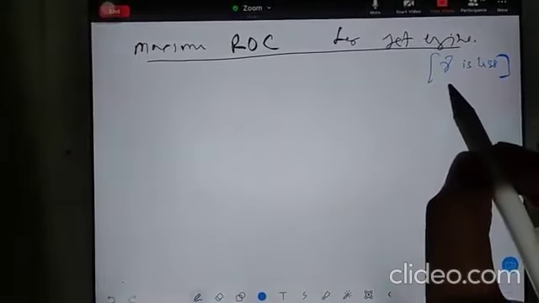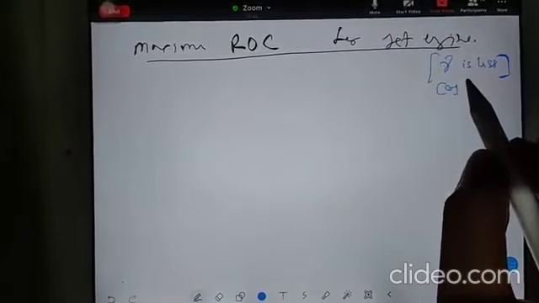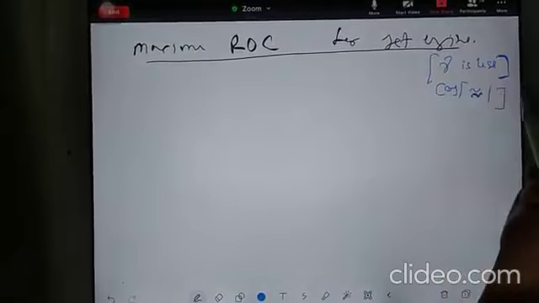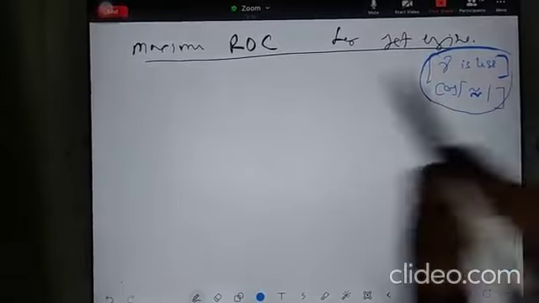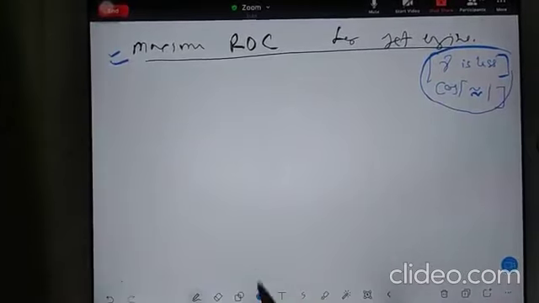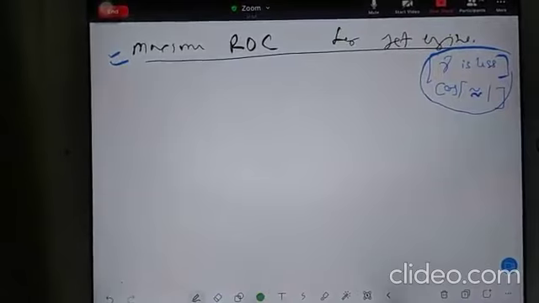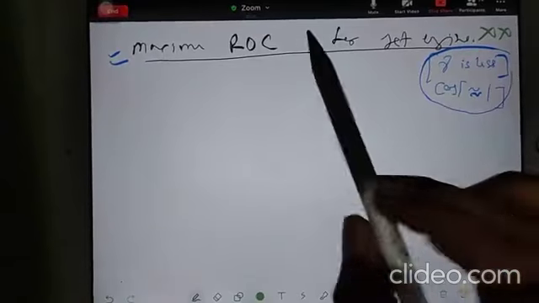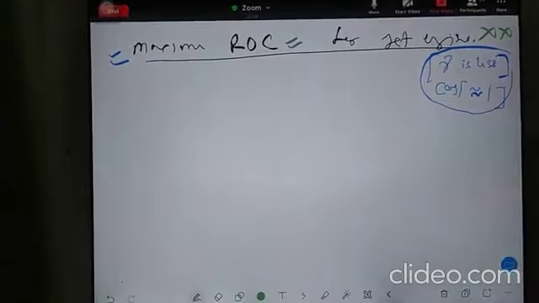It means wherever you have cos gamma, approximately its value will be 1. So only for this condition we will discuss maximum ROC for jet engine. Because for fighters we don't have this concept. Of course we have, but we don't have to study it for fighters, because fighters can have ROC at any angle.